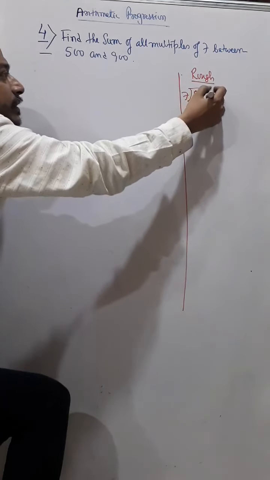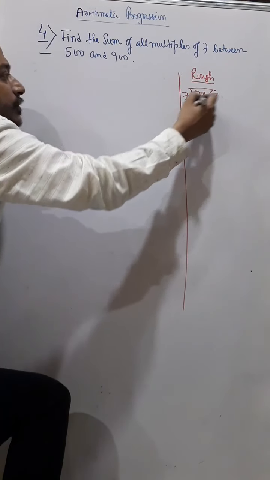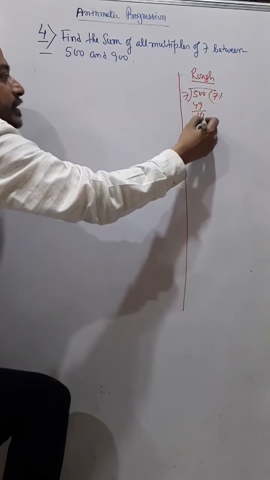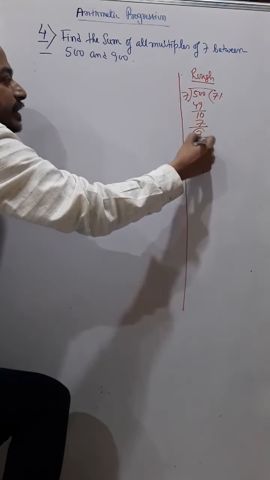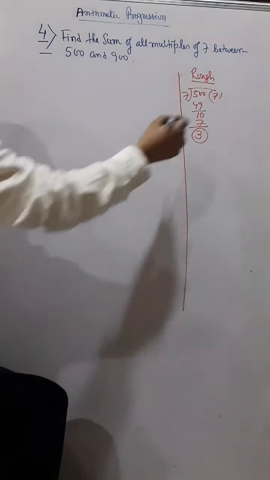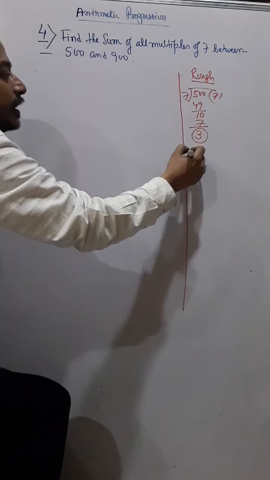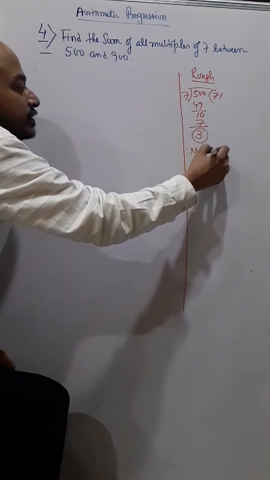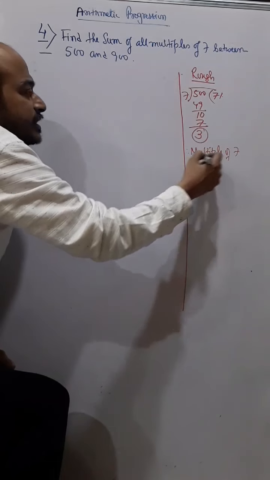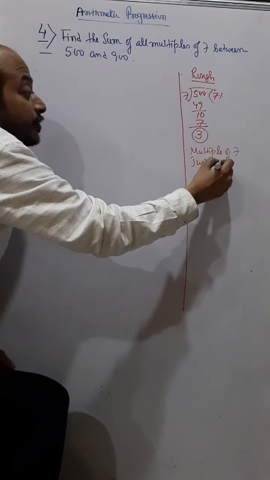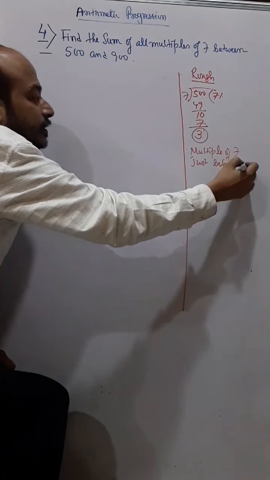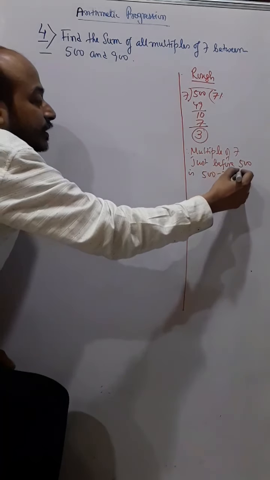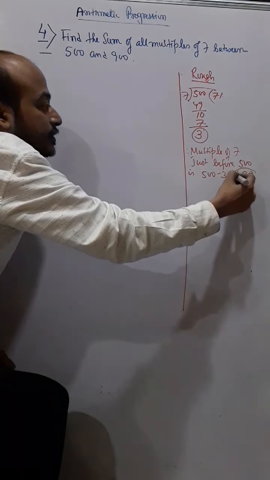So in rough you can divide 500 by 7. 7 nines are 63, sorry, 7 seventies are 490, and 7 ones are 7, and you can see the remainder is 3. So remainder 3 means the multiple of 7 just before 500 is 500 minus 3, which is 497.